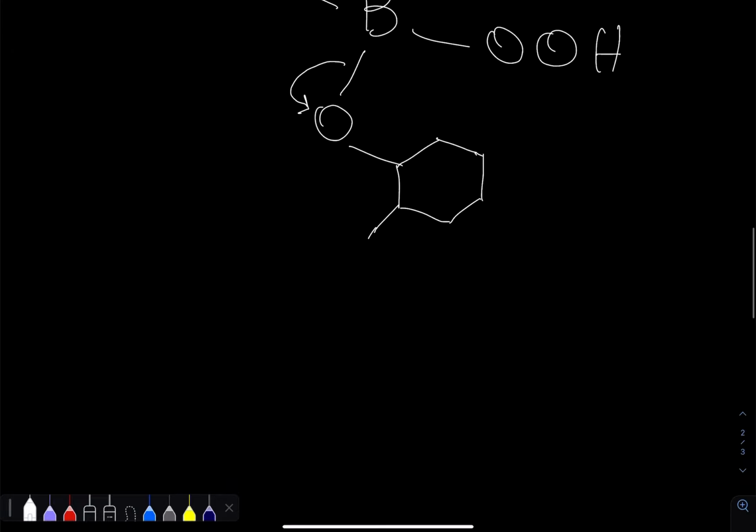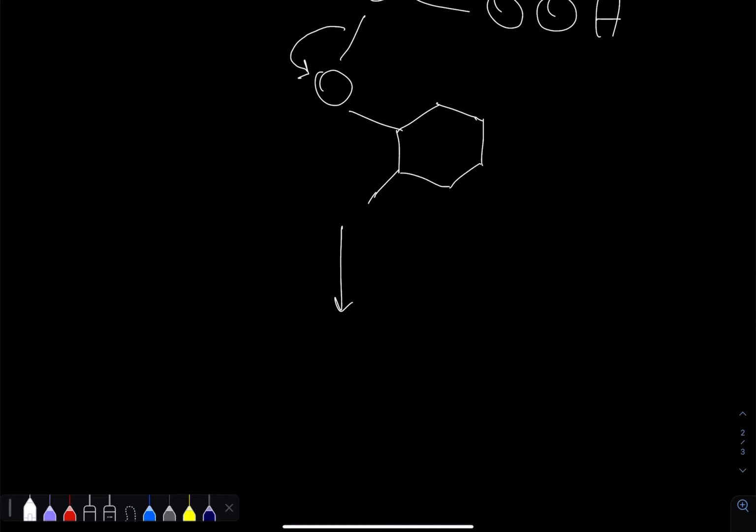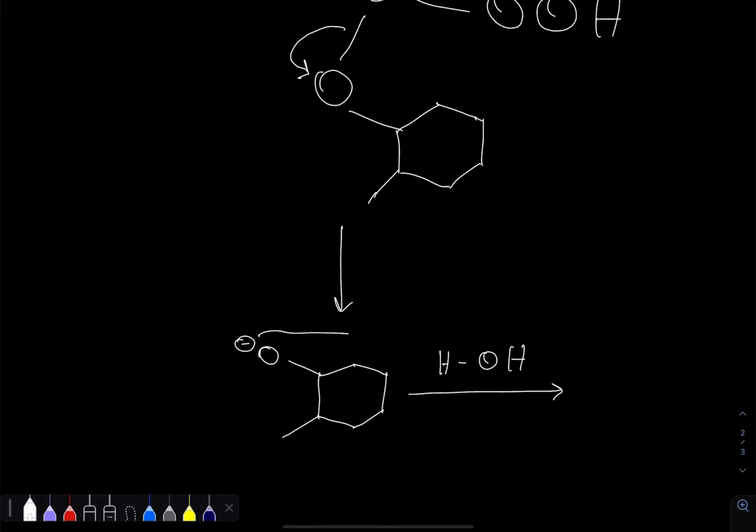So if that leaves, we're going to end with this, and then this can later be protonated by the water molecules that are in the solution. So we have a water, and this would attack. So we will get a hydroxyl group on that carbon.